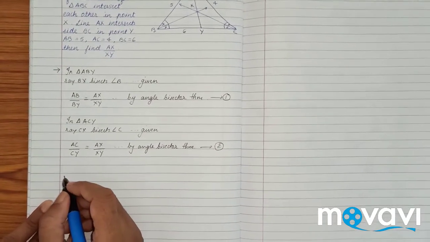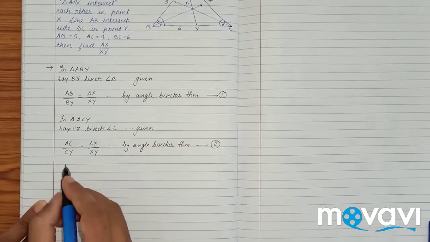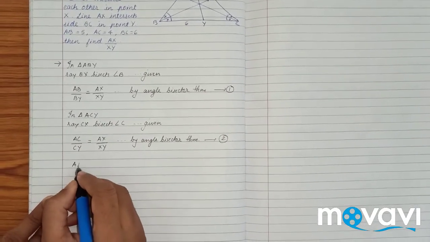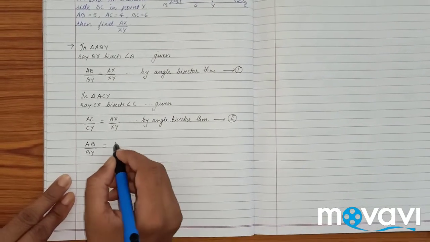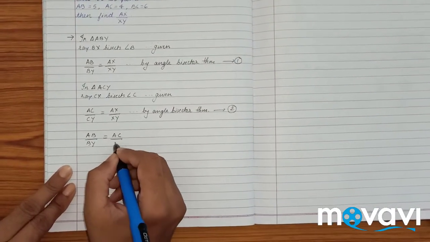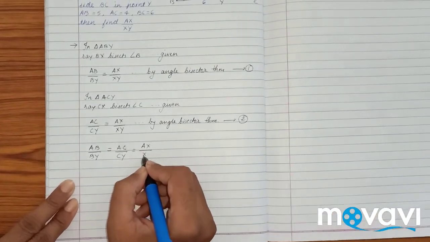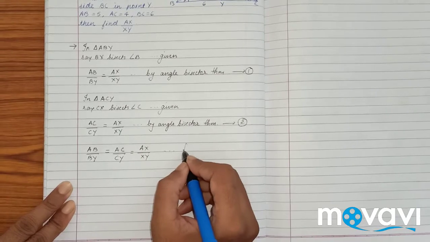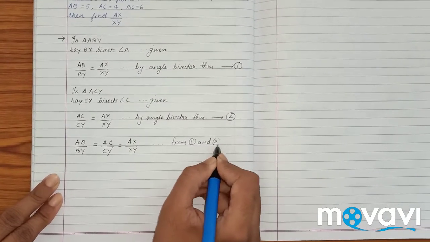Now from 1 and from 2 I can write like this: AB upon BY is equal to AC upon CY is equal to AX upon XY. Write down the reason: from 1 and 2.